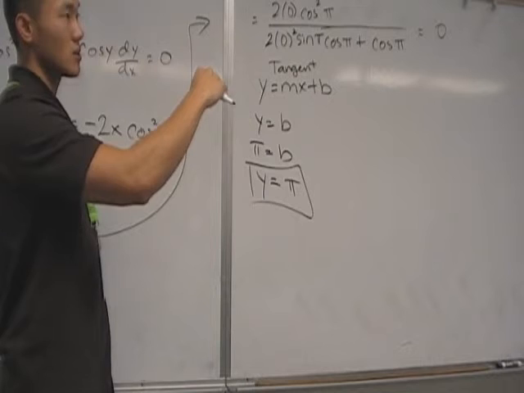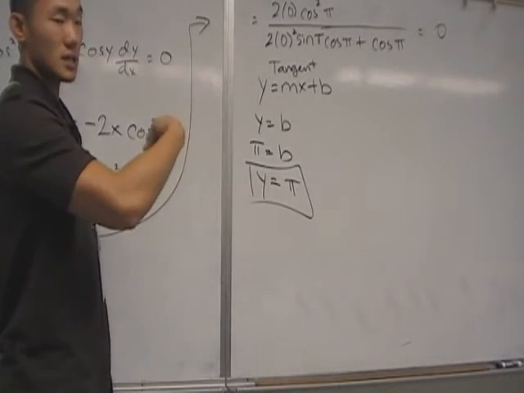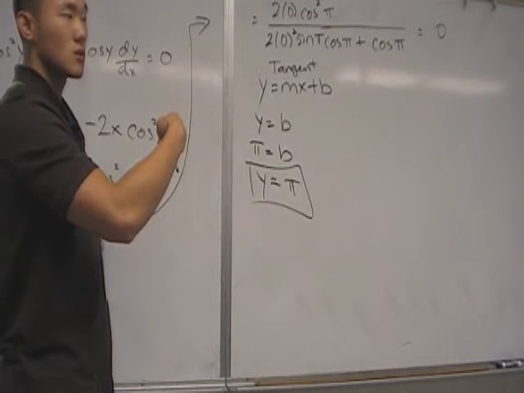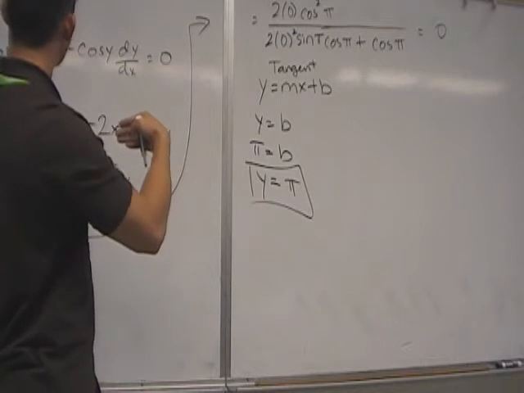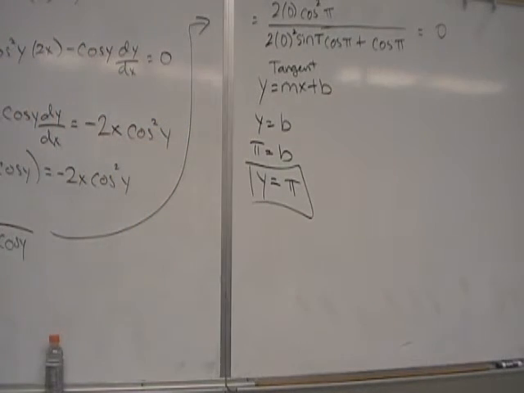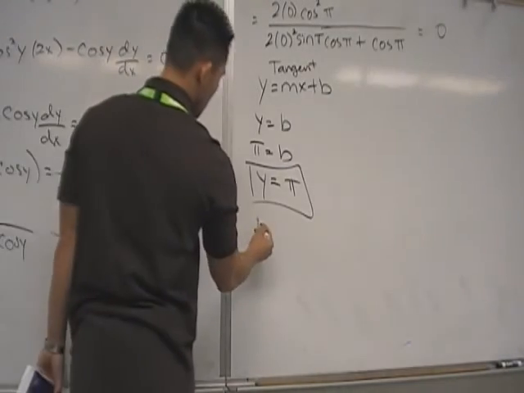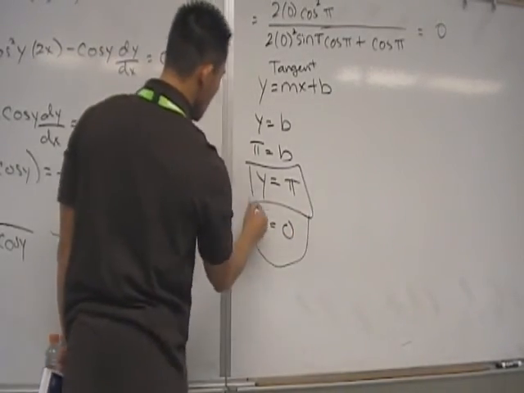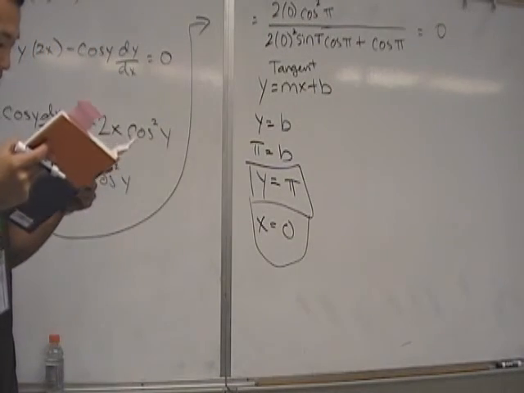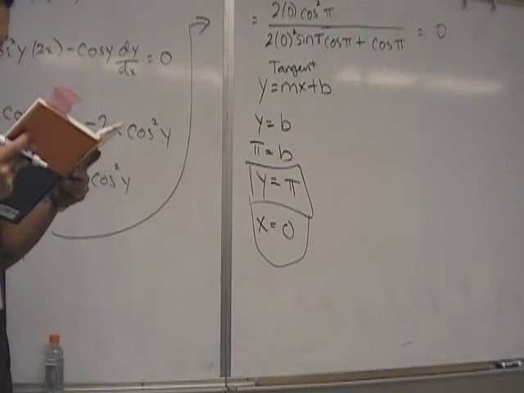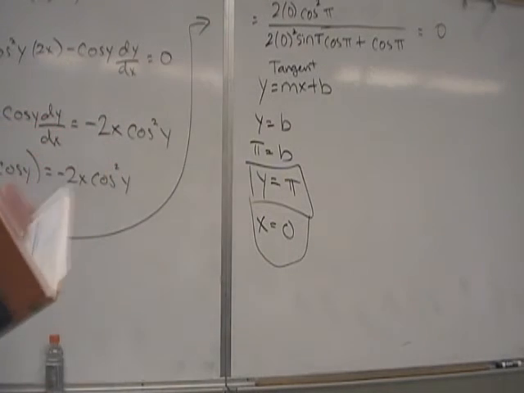We know it goes this way, so it's x equals a number. I think it's going to be x equals 0. Let me check. Yeah, so this one is x equals 0. So here's a perpendicular line to that. In your other one, the square root of 3 was the normal line. So x equals 0 is the normal line, right? Yeah, you're right.